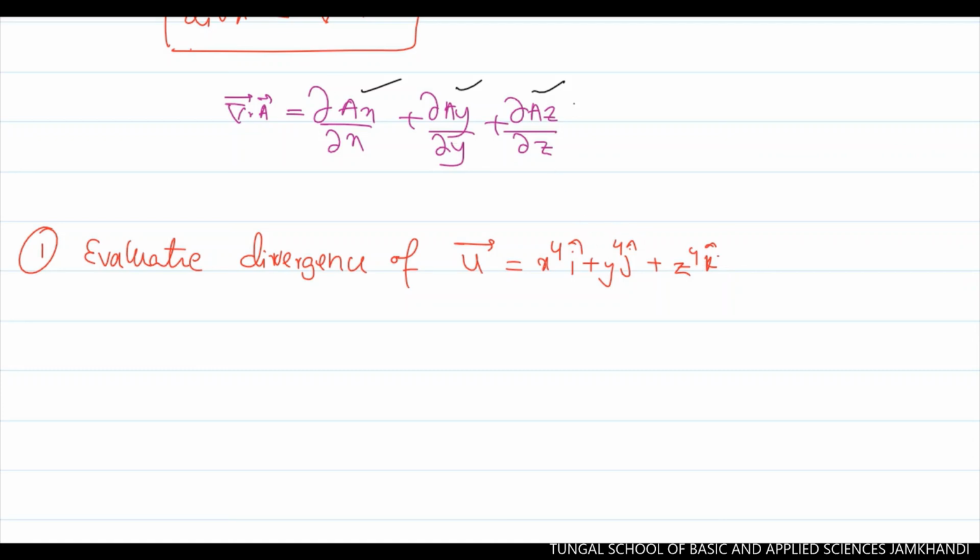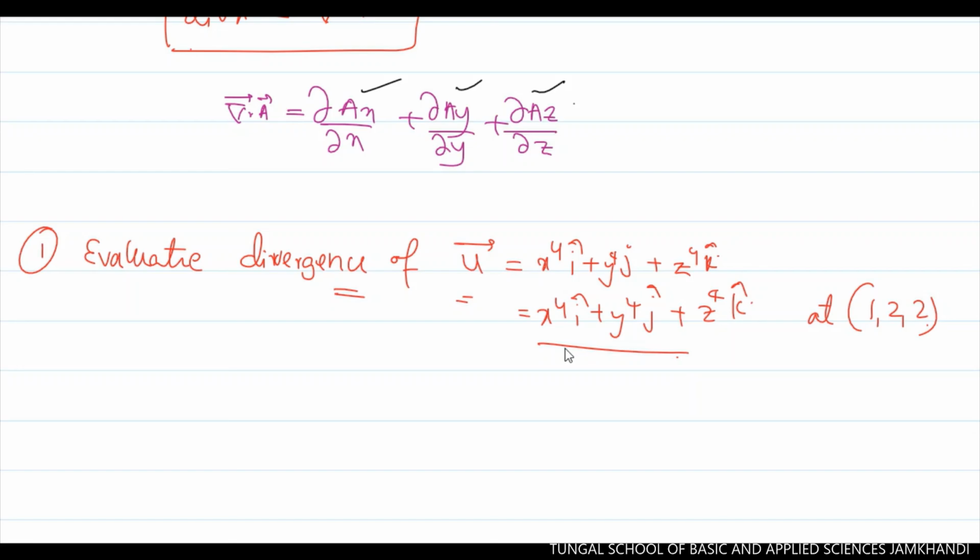That is nothing but x power 4 i cap plus y power 4 j cap plus z power 4 k cap, at the point 1 comma 2 comma 2, right? Evaluate the divergence of the vector u. This is the vector at the point 1 comma 2 comma 2.